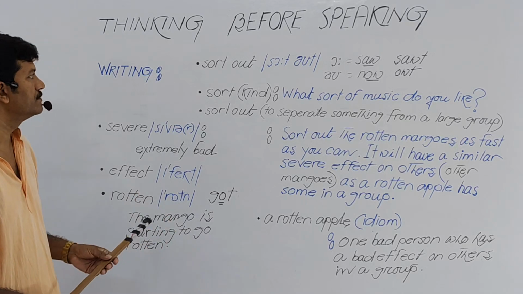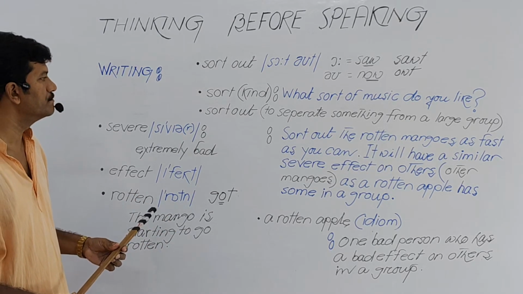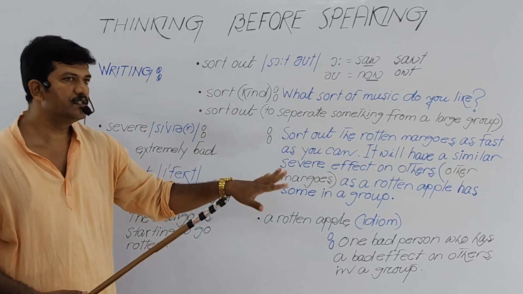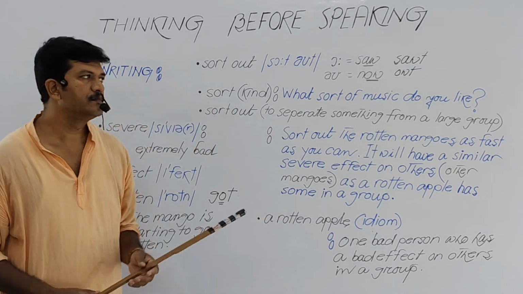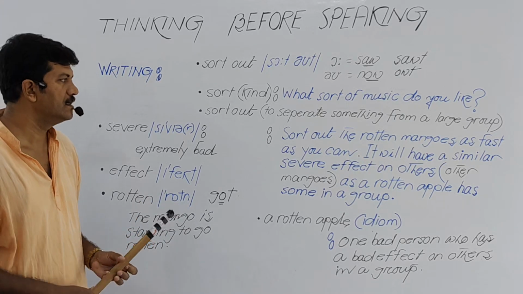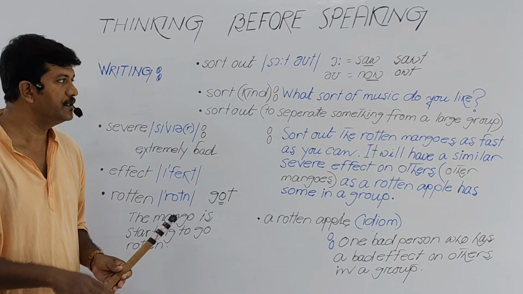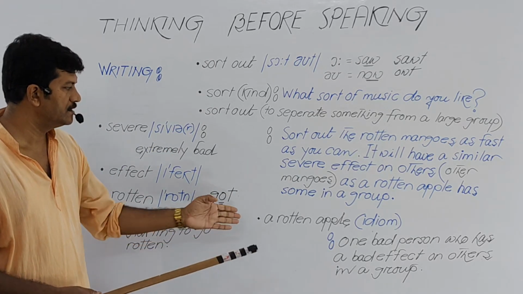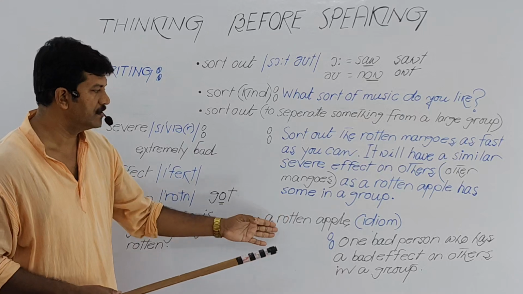That's all for this video. And sincerely enough, we need to know how a word produces sound, and how it makes it possible to use that word in different situations. Here you can have an idiom, a rotten apple.